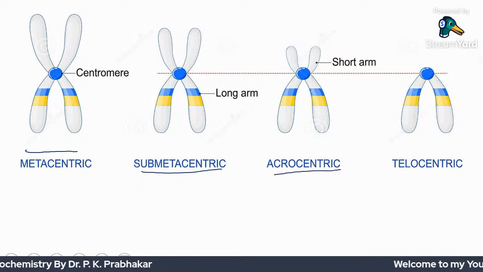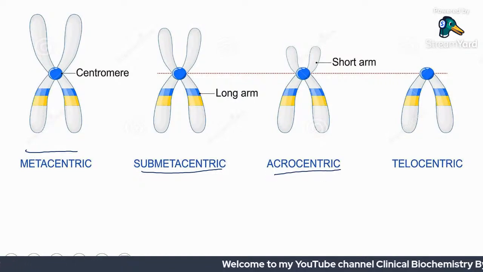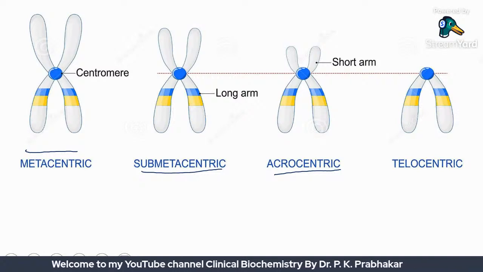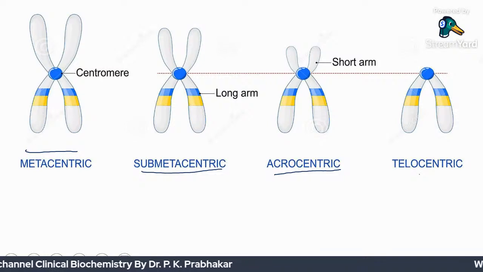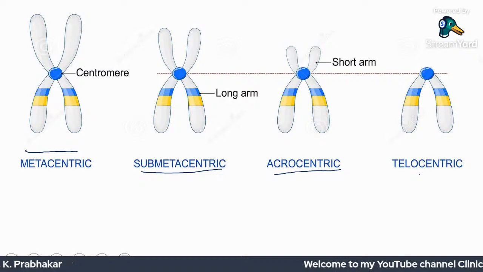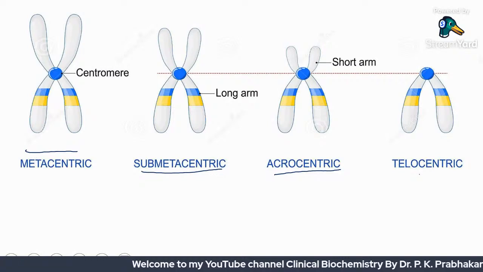And when the centromere is at the terminal place, so that the short arm is almost nil, that is called telocentric. In some cases you can find subtelocentric also, just as we have submetacentric. So in total we can have 5 different categories.